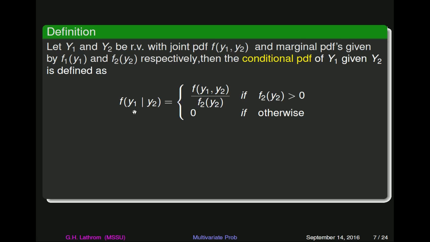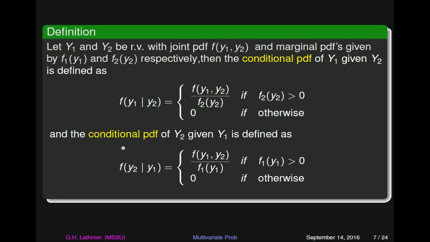So we're holding y sub 2 constant. We're assuming that y sub 2 is given, and we're allowing y sub 1 to vary. So what in essence looks like our conditional probability: we've got the probability for both divided by the probability for the thing that we're given.